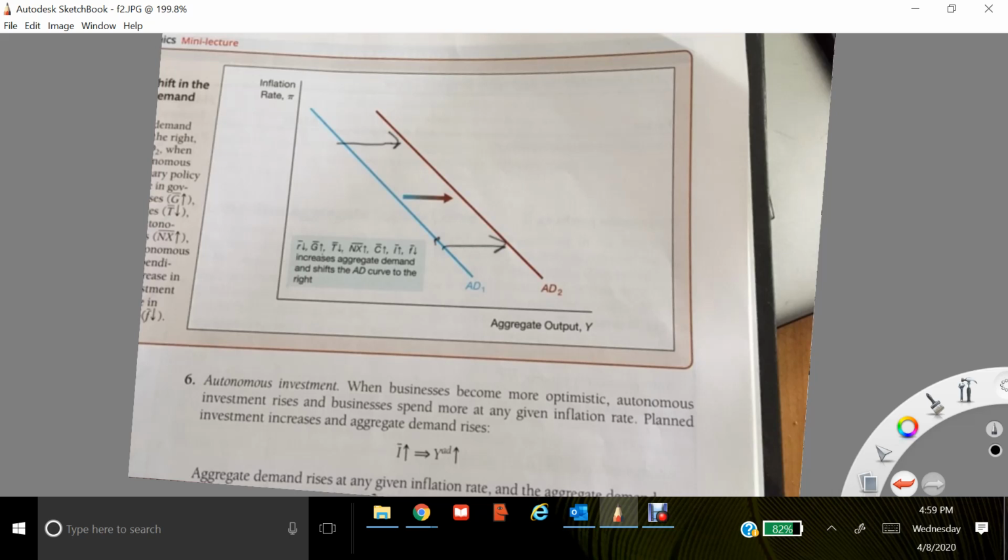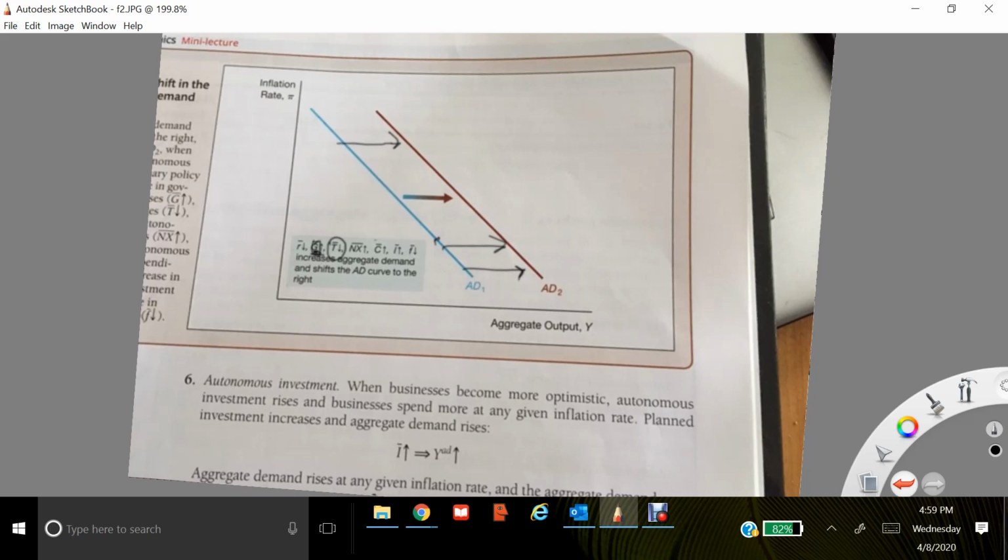So if government spending increases, we have a shift to the right of the aggregate demand curve. If taxes go down, that results in more disposable income, so consumption would increase. So we have a shift to the right of aggregate demand.